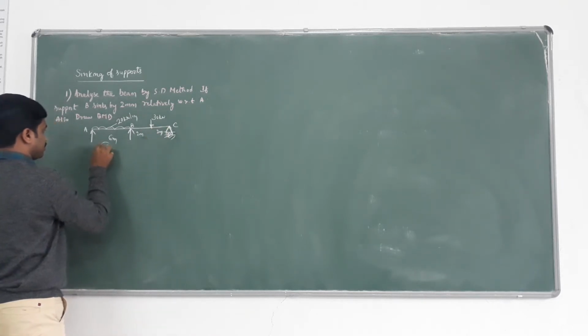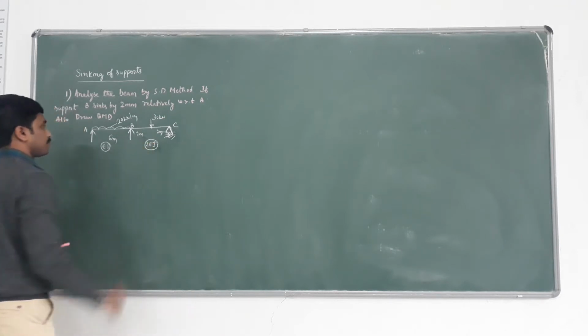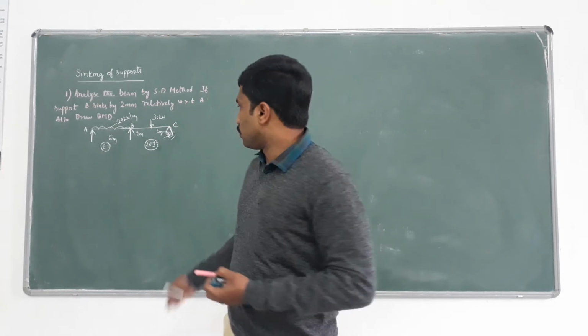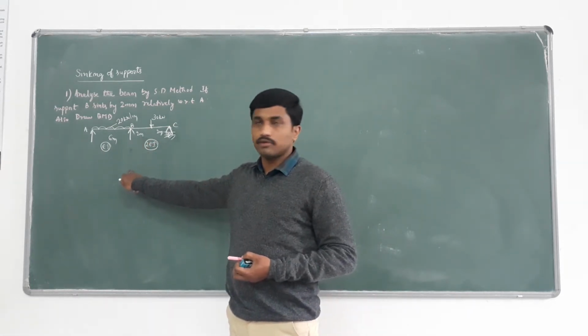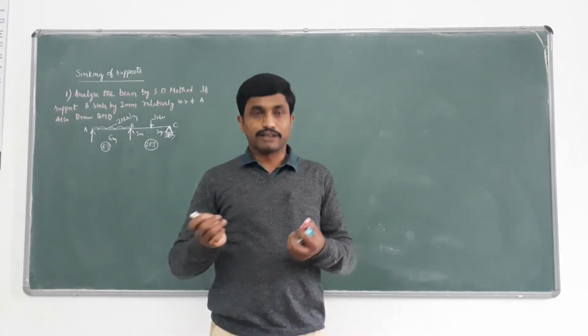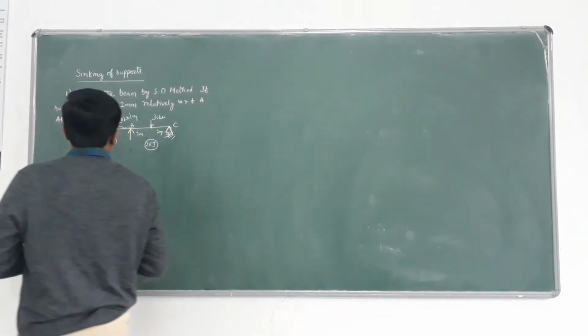Here I will give EI and 2 EI. In this problem, B sinks by 2 mm relatively with respect to A. Compute the final moments and also sketch the BMD. This is a very simple problem.